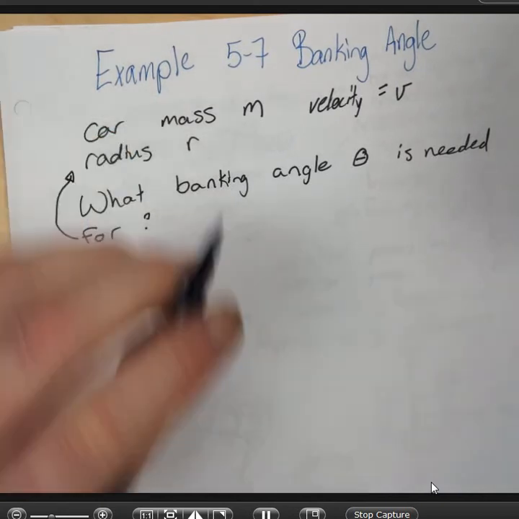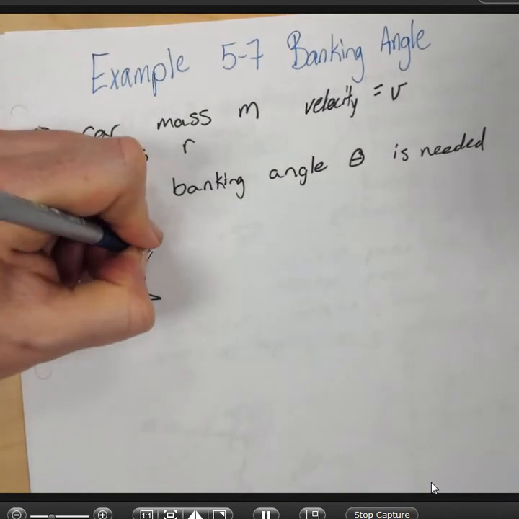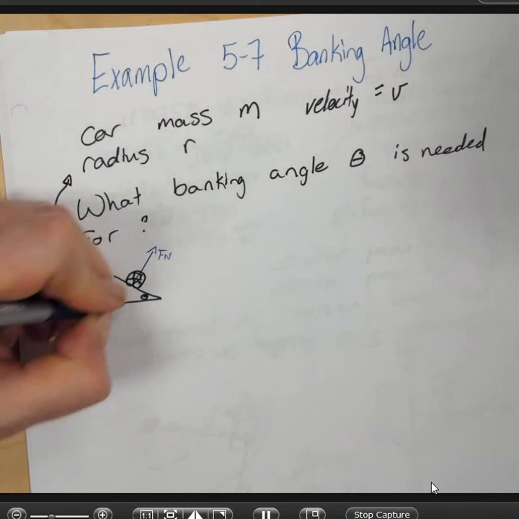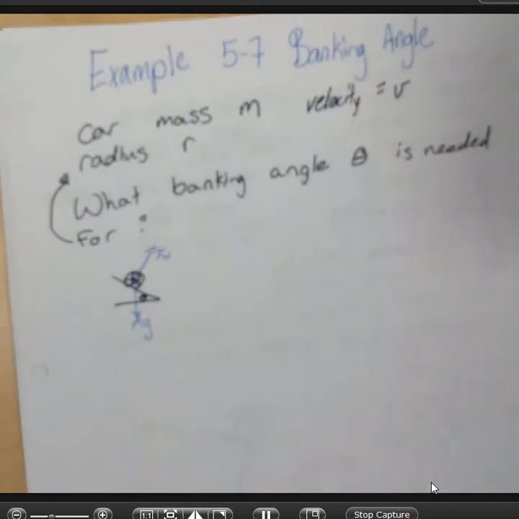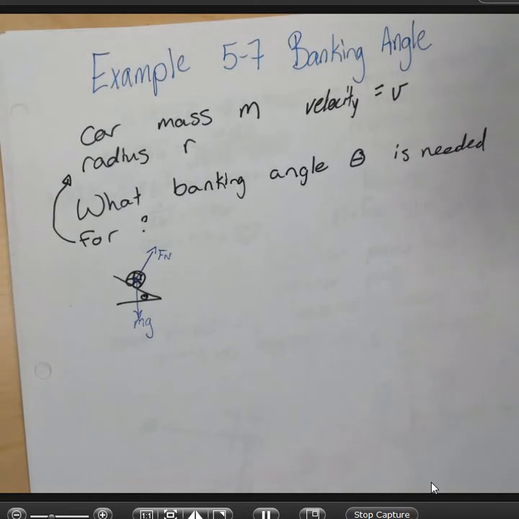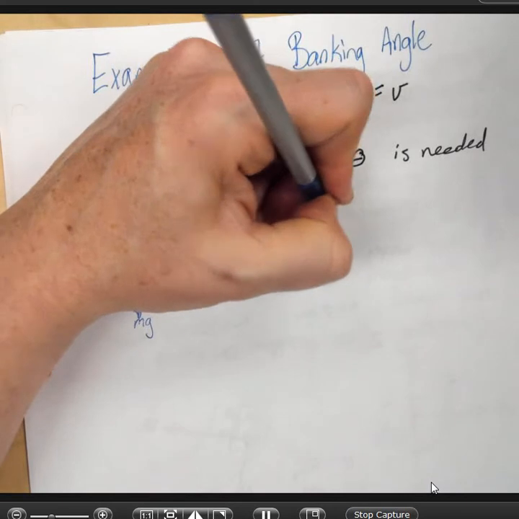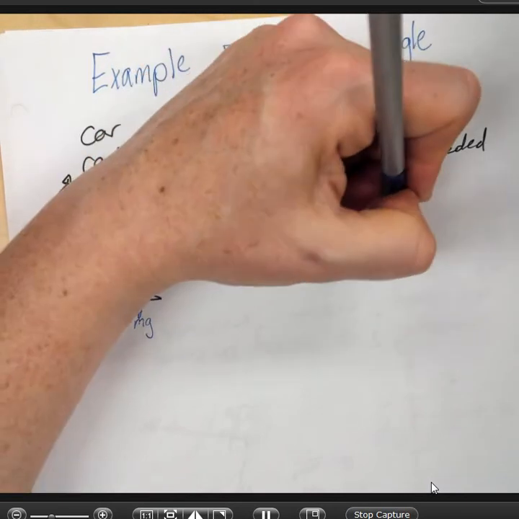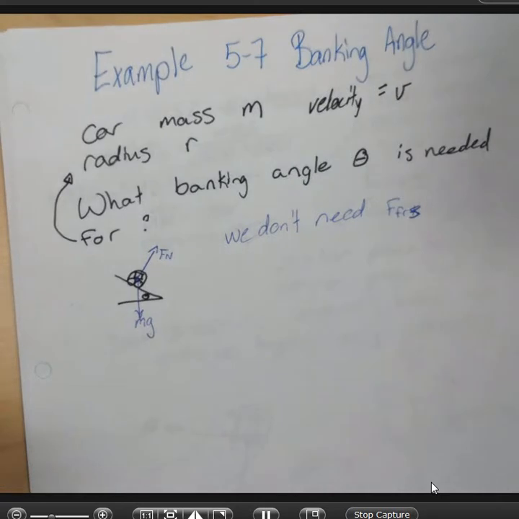For that car, we're going to have normal force up, gravity down, and we're going to assume that we don't need friction, because we want this to be the safest possible condition.